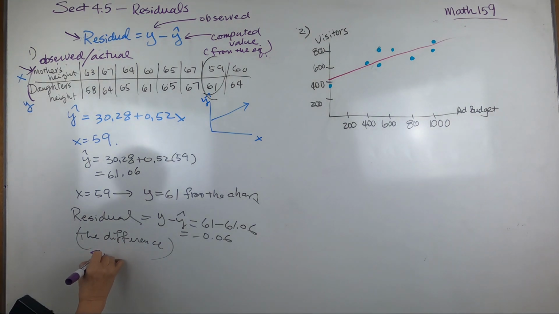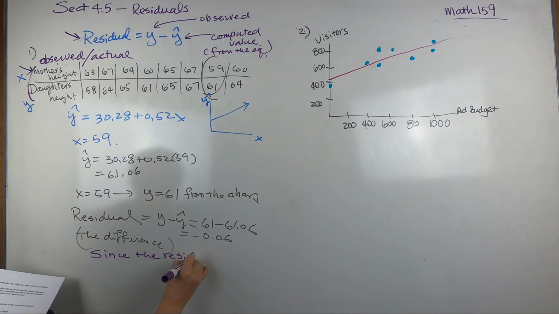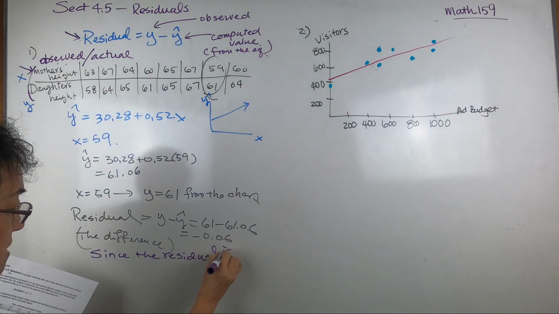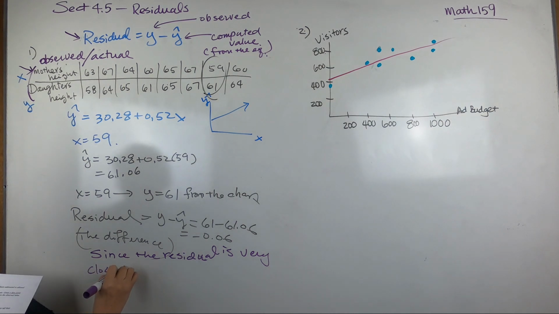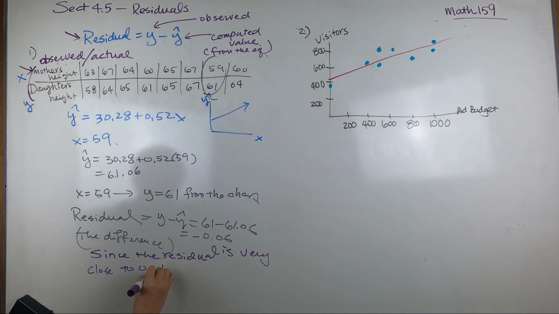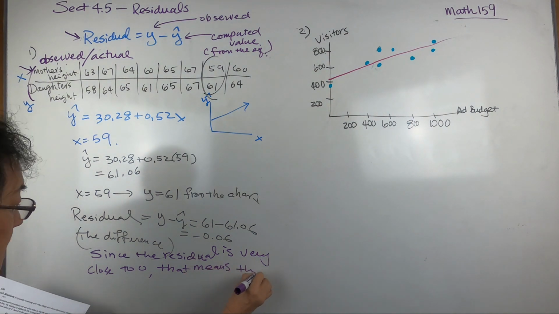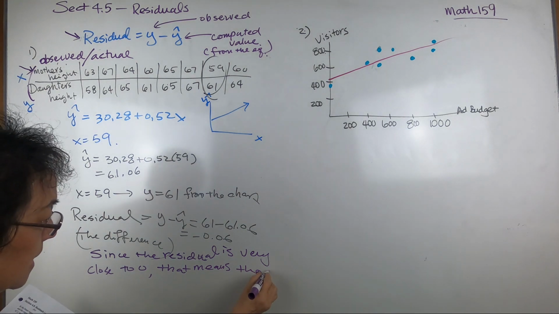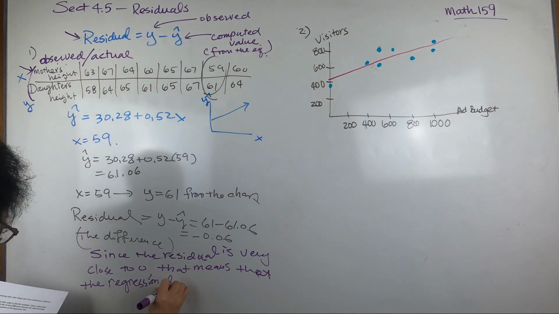Since the residual is very close to 0, that means the regression line is pretty good at predicting.